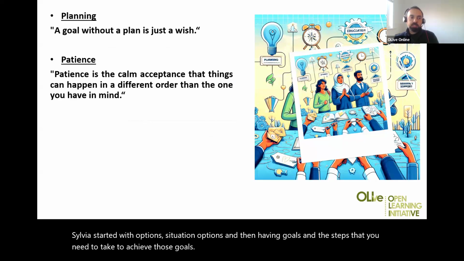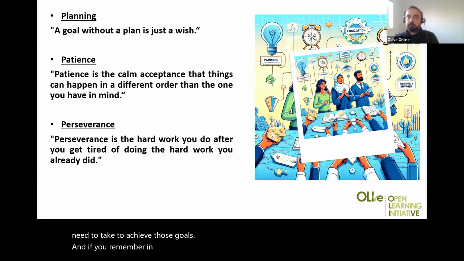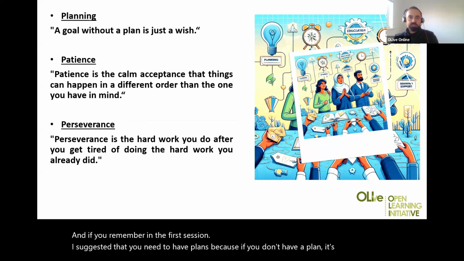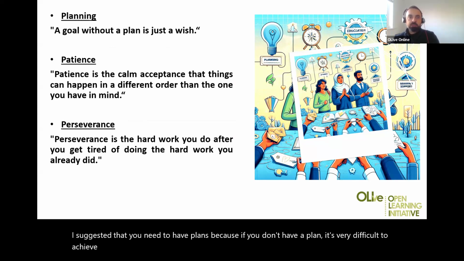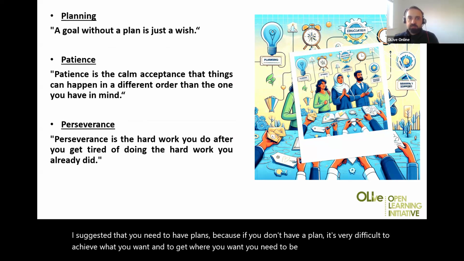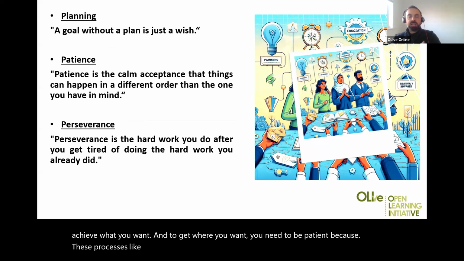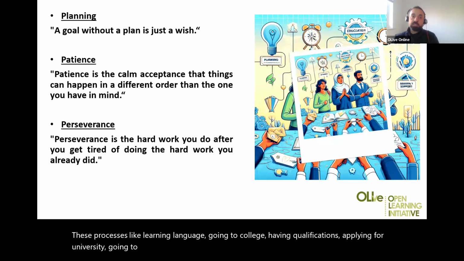And if you remember in the first session, I suggested that you need to have plans, because if you don't have a plan, it's very difficult to achieve what you want and to get where you want. You need to be patient, because these processes like learning language, going to college, having qualifications, applying for university, going to university, these are time taking.